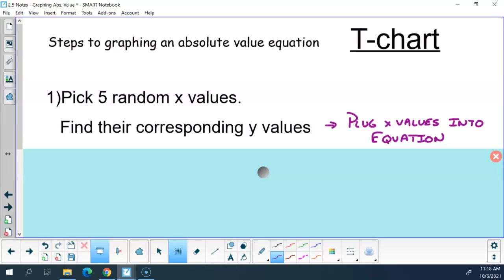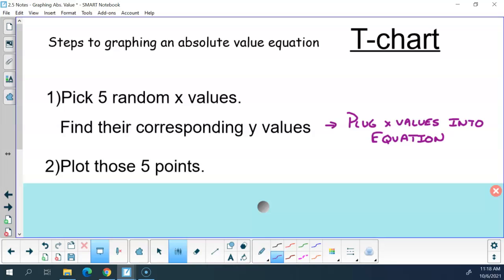So we're going to plug those 5 x values into our equation. And then that's going to give us 5 points. And so then we're going to plot those 5 points. We're going to put those 5 points on a graph, and we're going to look at it.